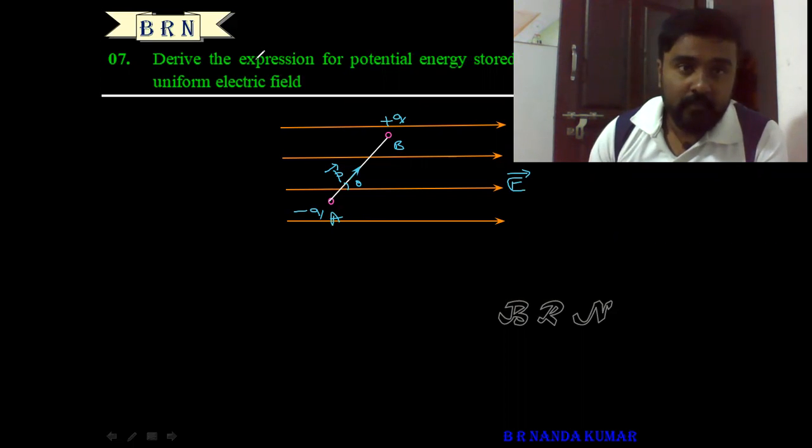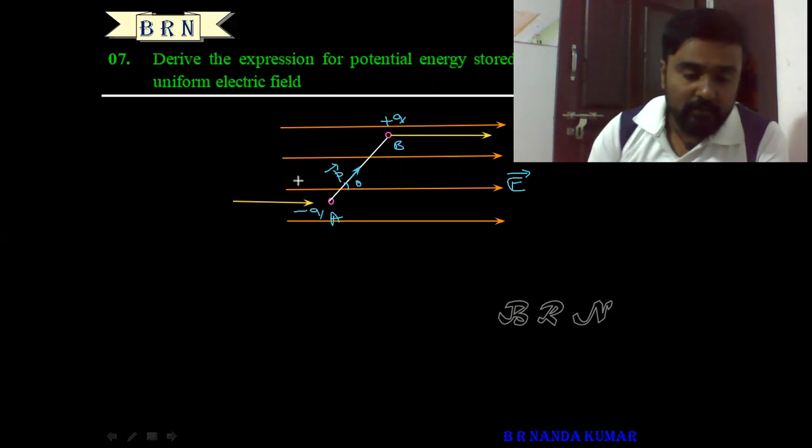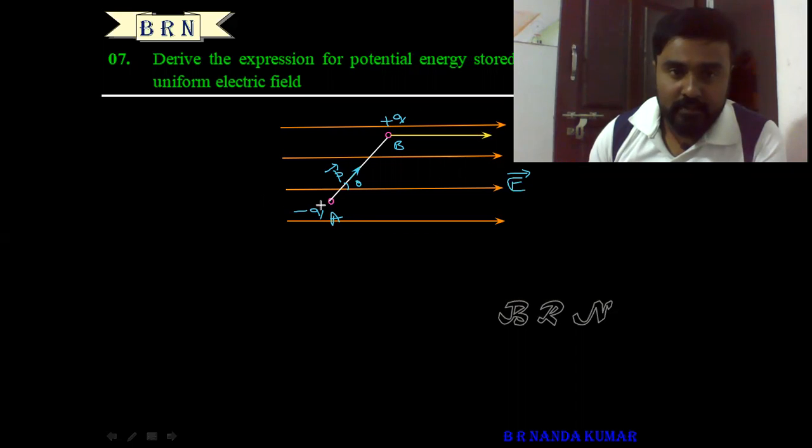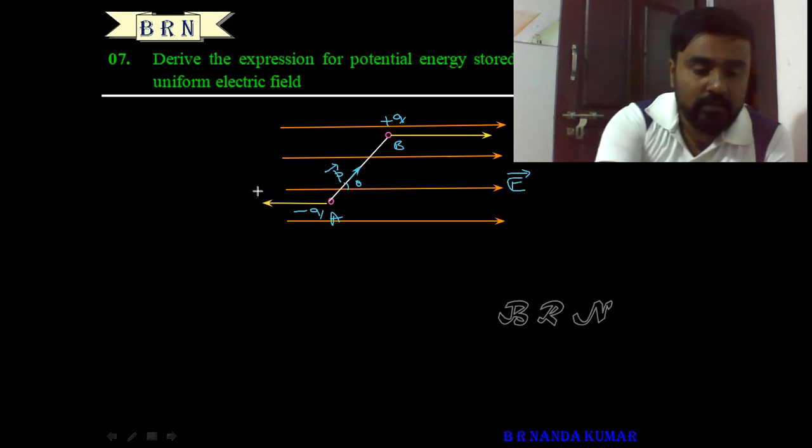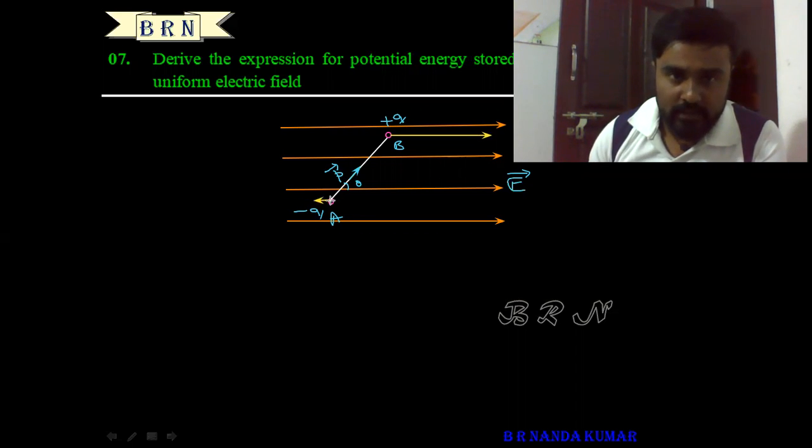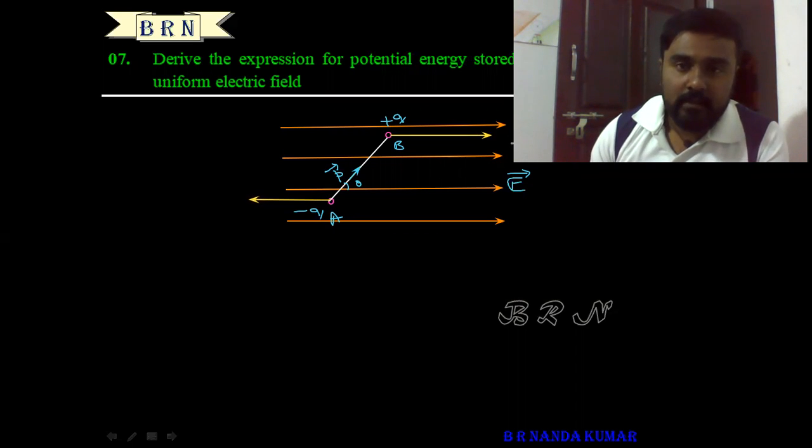So the force acting on plus q due to the electric field is along the direction of the electric field, and the force acting on minus q is opposite to the direction of the electric field. F_B vector is equal to plus q E vector, and F_A vector is equal to minus q E vector.